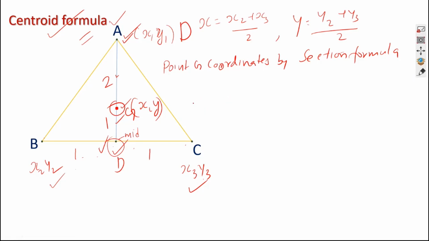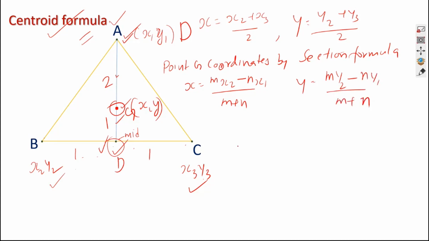To apply the section formula, we should be thorough with the section formula which we just derived. What was it? x can be calculated by m x2 plus n x1 upon m plus n. y can be calculated by the formula m y2 plus n y1 upon m plus n, right?